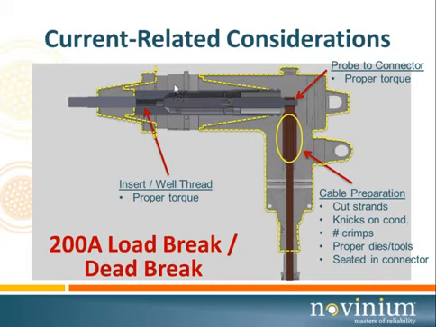What happens is when an installer is putting the insert into the well, he greases everything up properly, he's threading it in. It is not difficult when you're gripping the outside surface of the insert to exceed 20 foot-pounds and break that stud off.